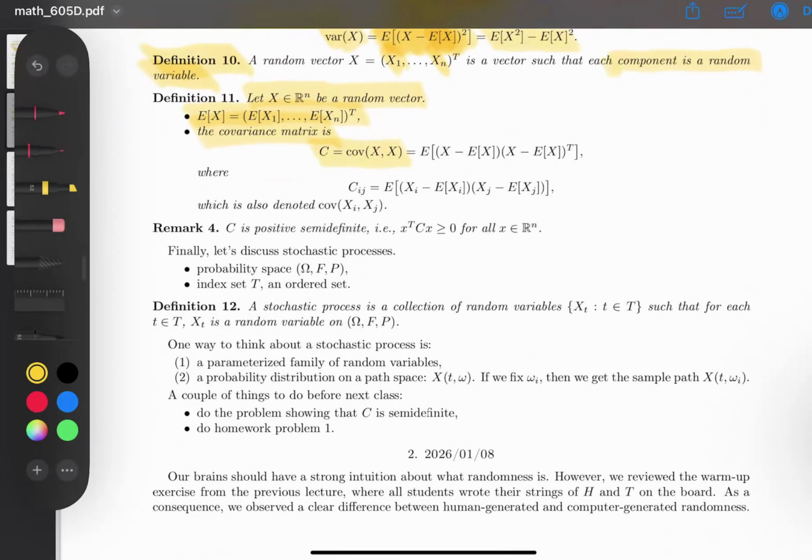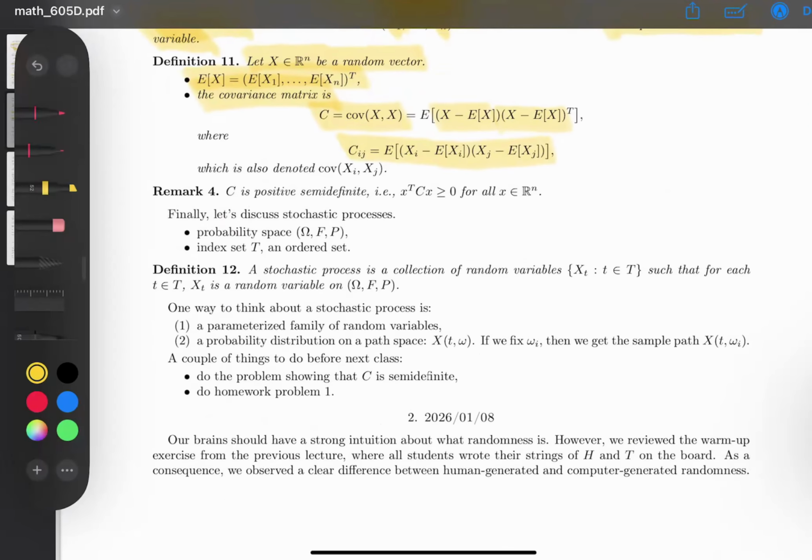Remember, the expected value of x is a vector, and this is a vector. So every component Cij of our covariance matrix is going to be exactly the variance that we defined before. A really good exercise is to show that C is positive semi-definite, where positive semi-definite means that for all vectors x, the product x transpose Cx is non-negative.